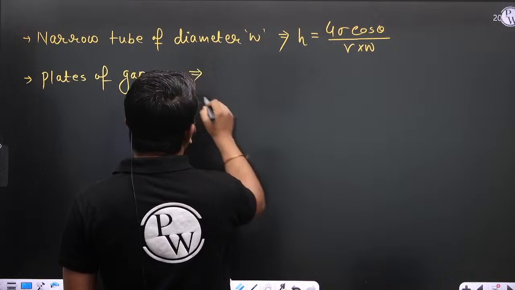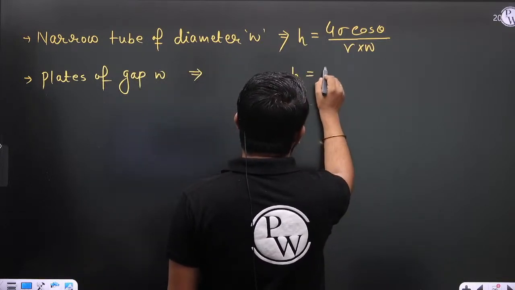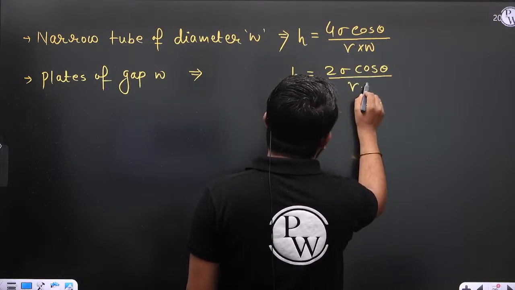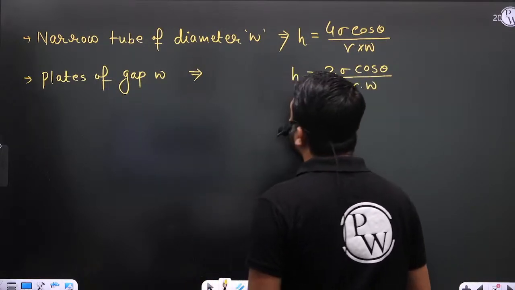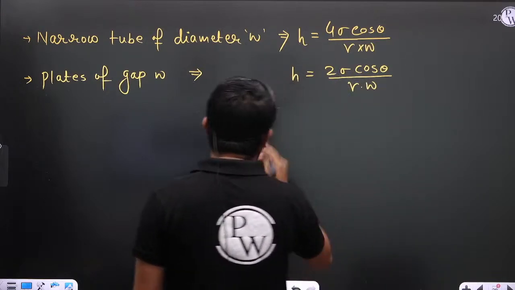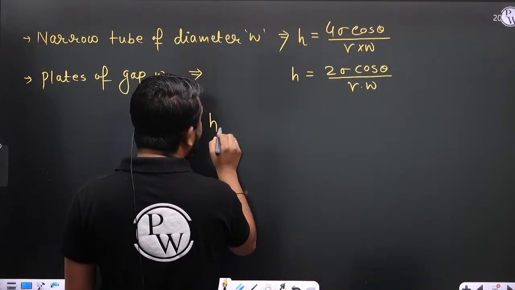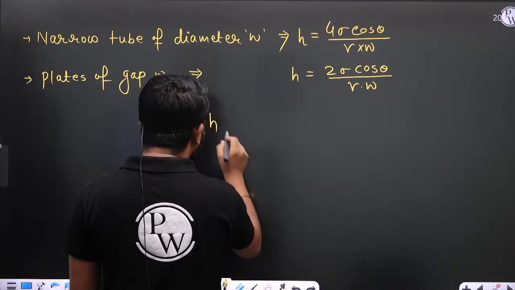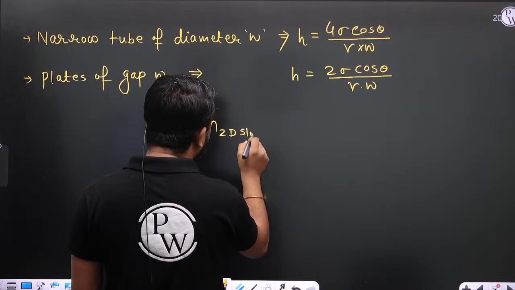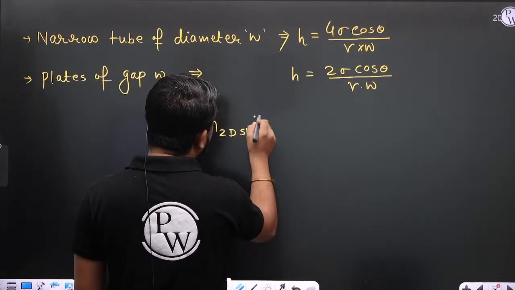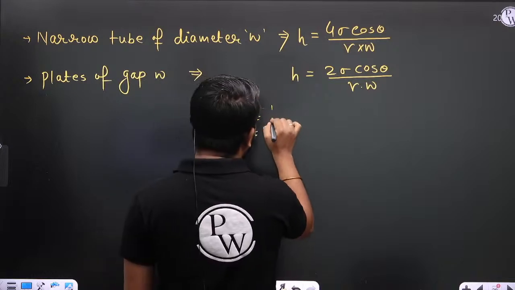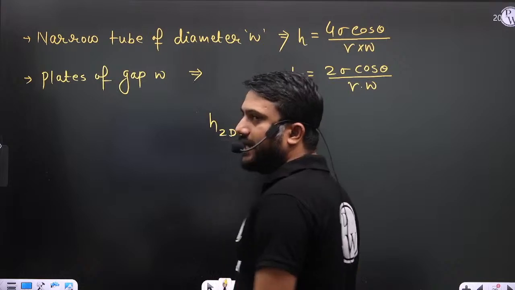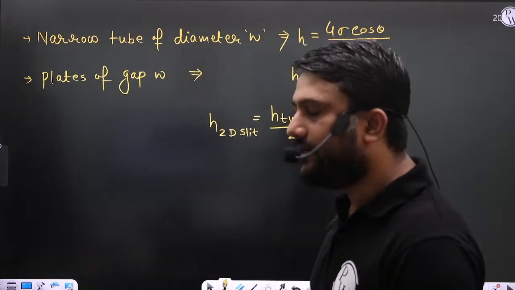We already calculated this. H is 2 sigma cos theta divided by gamma into W. Now, if you see these two expressions, it is very clear that H of the plate, or 2D slit, is equal to H of the tube divided by 2, right?